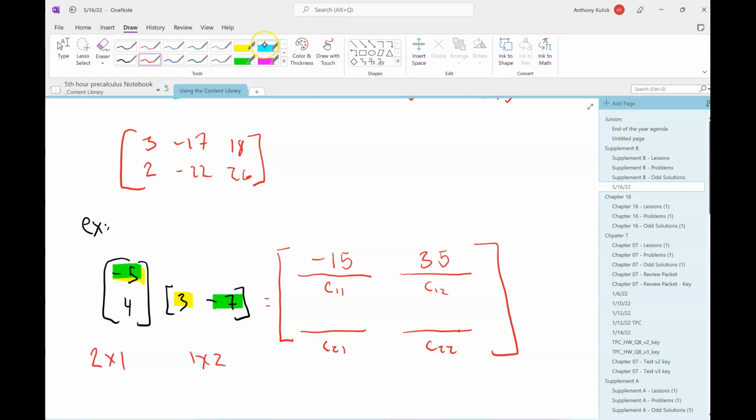And then second row and first column. And then lastly would be second row and second column. And we're done. So sometimes it's really easy still, right? It just depends on how much stuff is in there. This one was pretty easy though, right?